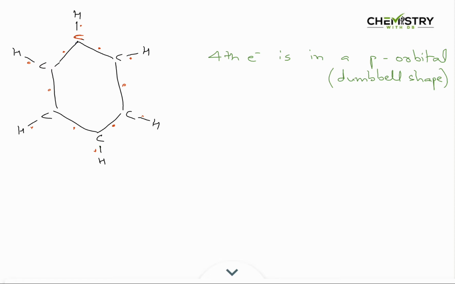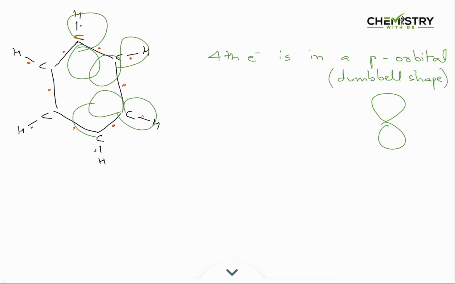So the fourth electron on each carbon, which is free, is in a p orbital, and p orbitals are dumbbell shaped. So this is the p orbital on this carbon, here is the p orbital on this one. All of these p orbitals undergo a sideways overlap with each other.